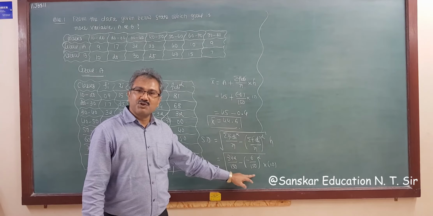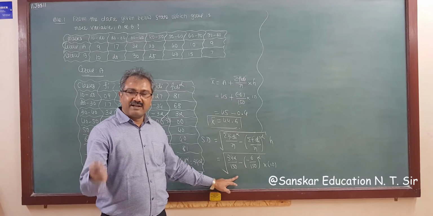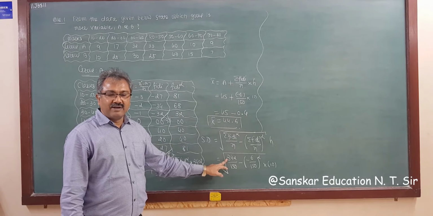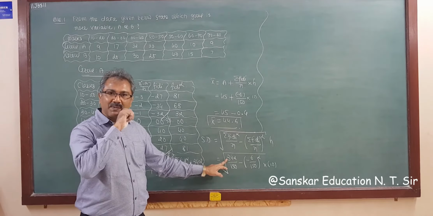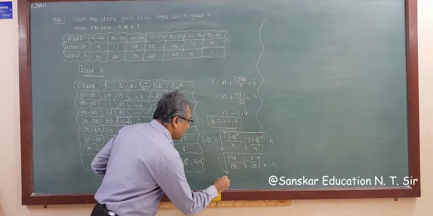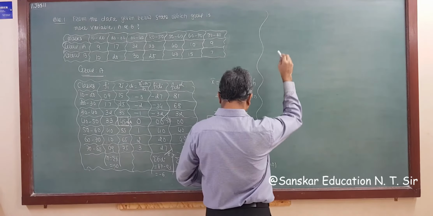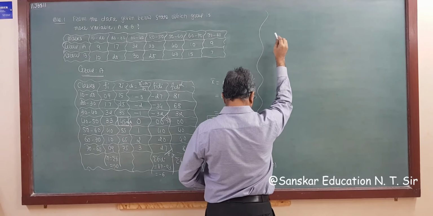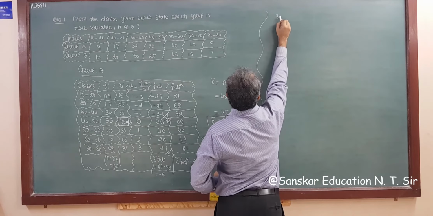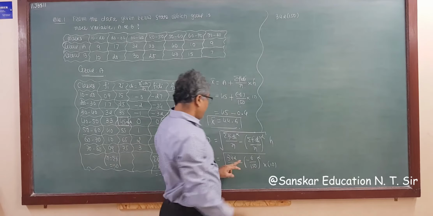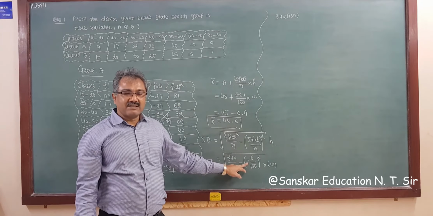Now 150 whole square is the LCM. If we take 150 whole square as the LCM, then we have to multiply 342 by 150. Here is no space, so I am writing here. This is 342 into 150 minus 6 square, which is 36.